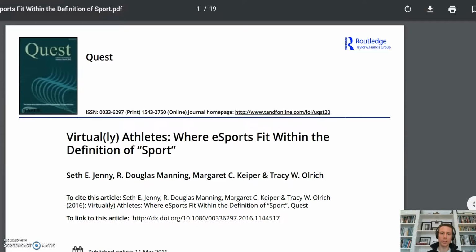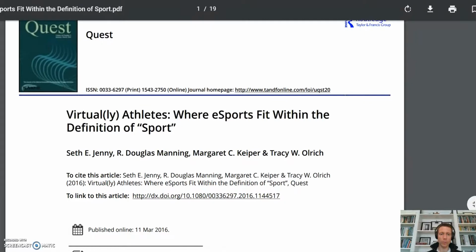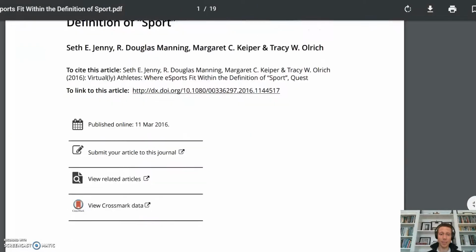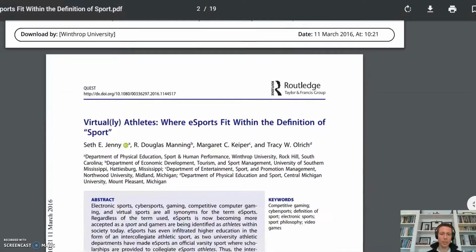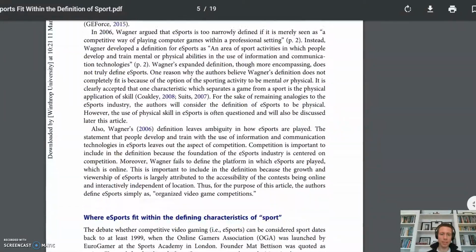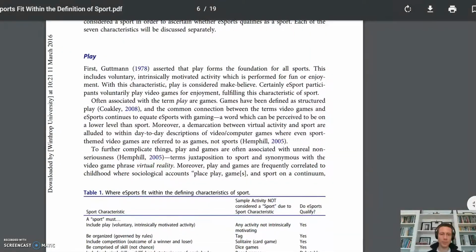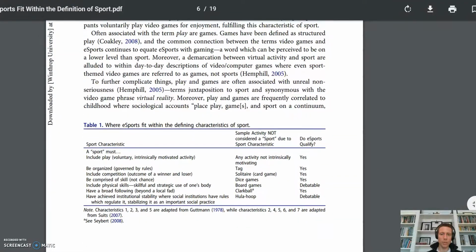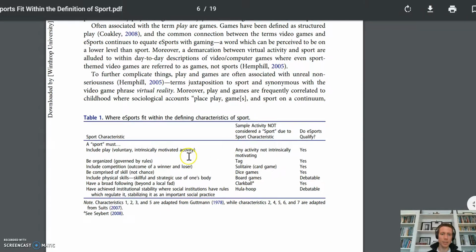Here's a paper I wrote, Virtually Athletes, where esports fit within the definition of sport. So you can see the little play on words for virtual and virtually. And so for this paper, what we did is we discussed what is esports, competitive video gaming, but then sort of the core of this paper is here are the components of what a sport is. It must include play, be organized, competitive, comprised of skill.